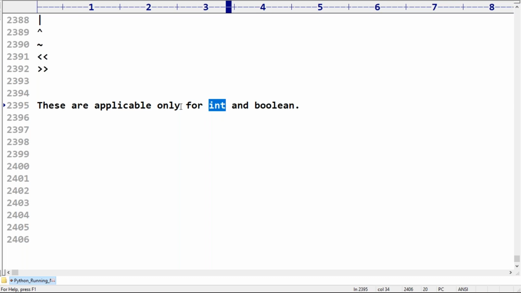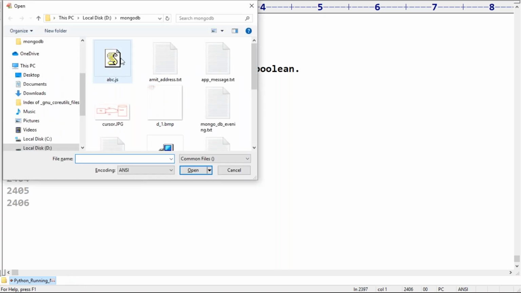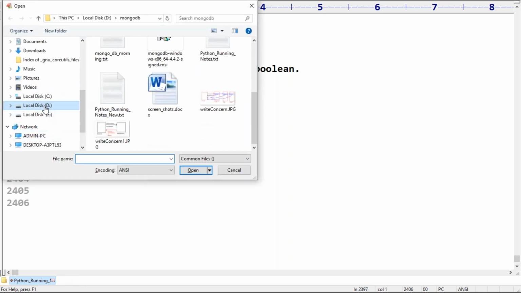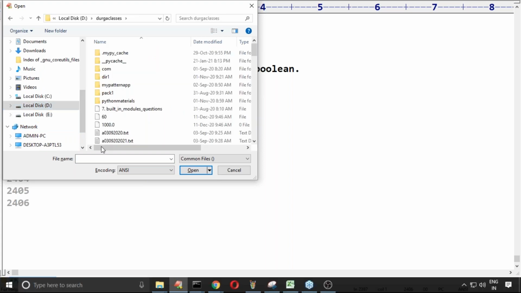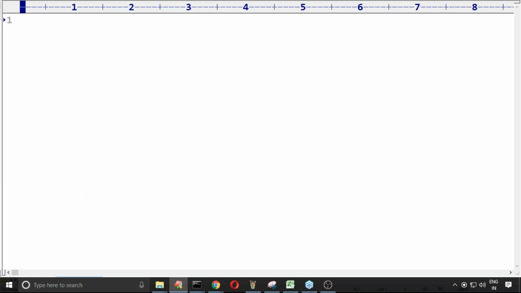Now my question here is very simple, almost a mathematics kind of thing. Just observe carefully. Take a simple example: print 4 AND 5.